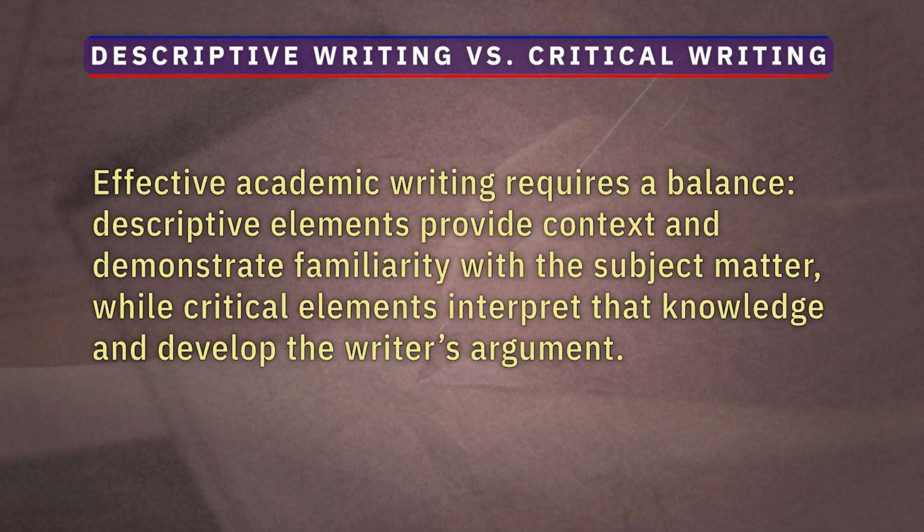Descriptive elements in an academic answer provide context. They demonstrate familiarity with existing scholarly material and the subject matter, while critical elements, interpreted by the writer, an in-depth knowledge or analysis of the text, is evident through critical writing.